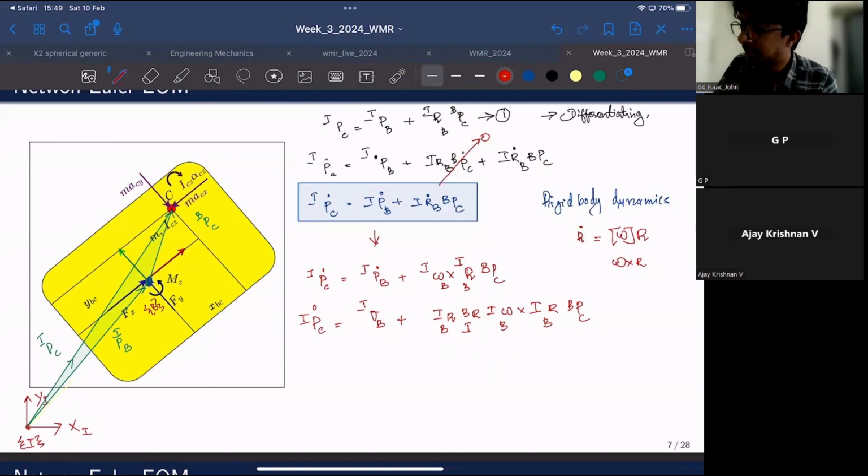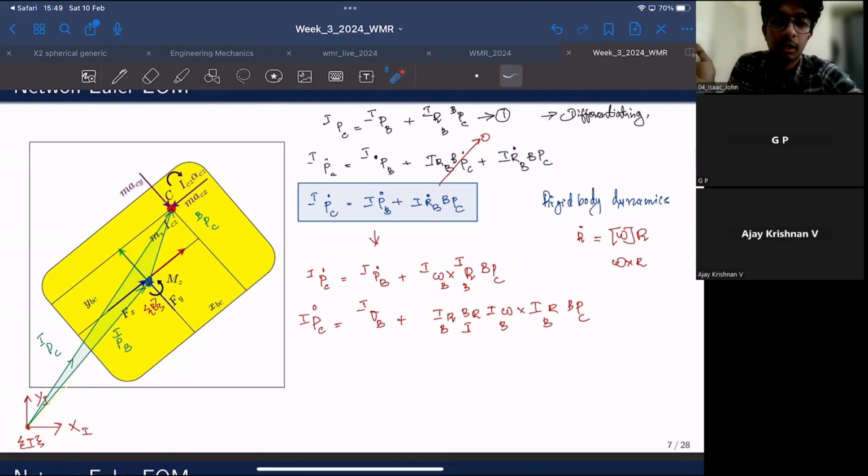Since we would like to model everything with respect to the body frame of reference, as you know, everything was represented with respect to the body frame of reference. Like we have U with respect to body frame of reference, we have B with respect to body frame of reference. So everything was defined with respect to the body frame. In that regard, we can also define this vector with respect to the body frame of reference.